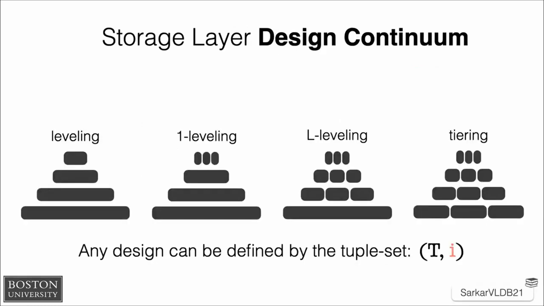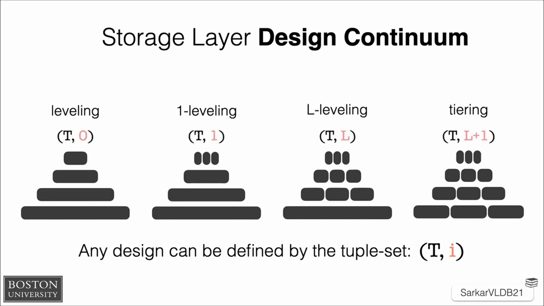Now, if we switch gears to the design continuum, we saw before the leveling to tiering design continuum, with the one leveling and the L leveling, and essentially we can now abstract this further and consider that every one of those designs can be defined with two numbers. One is the size ratio, and one is how many levels of the tree are leveled and how many levels are tiered.